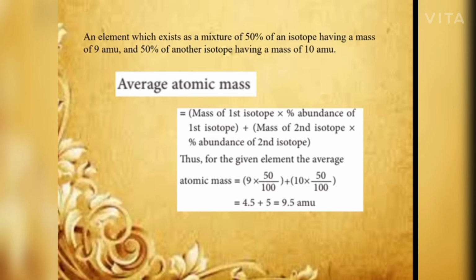Therefore, average atomic mass of this element is equal to 9 into 50 by 100 plus 10 into 50 by 100. That is equal to 4.5 plus 5, that is equal to 9.5 AMU. AMU is a unit of average atomic mass.